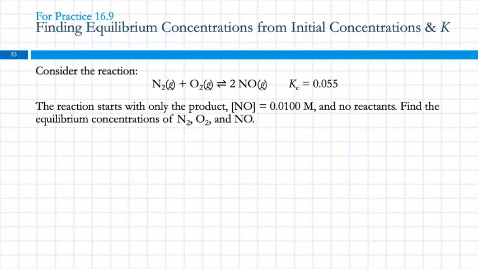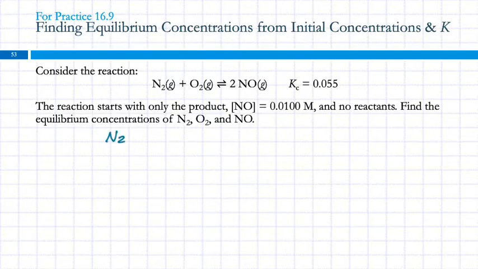Okay. Consider the reaction N2 plus O2 going to 2 NO. The reaction starts with only the product and no reactants. Find the equilibrium concentrations. Oh, God, no. 2 no's, right? That means we're not going to do this. So we're going to do this.